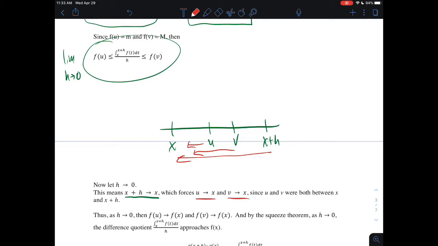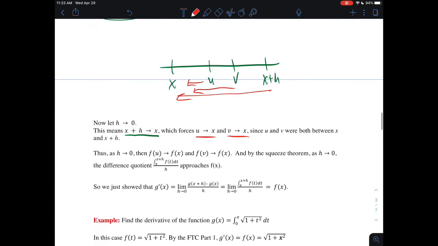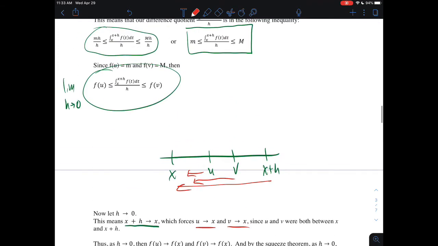So that means u approaches x and v approaches x, which then, as h approaches 0, that forces f of u to approach f of x and f of v to approach f of x. By the squeeze theorem, as h approaches 0, the difference quotient approaches f of x. If this is going towards f of x and f of v is going towards f of x, then what's in the middle also has to approach f of x.